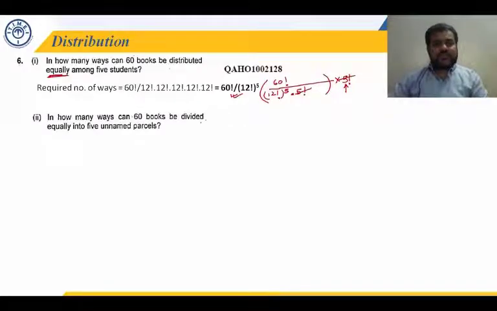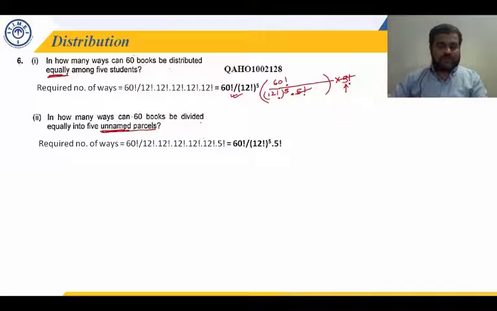In how many ways can 60 books be divided equally into 5 unnamed parcels? So when you say unnamed parcels, it means these parcels do not have distinct identities. They are all identical. So the question gives you a clear-cut hint. Unnamed parcels means they are identical parcels. Okay.